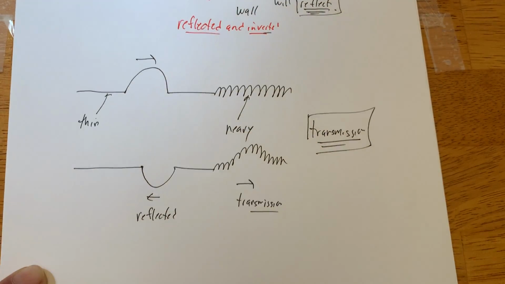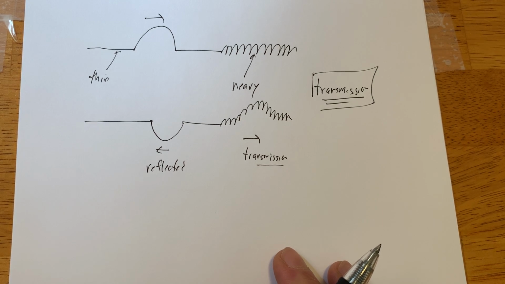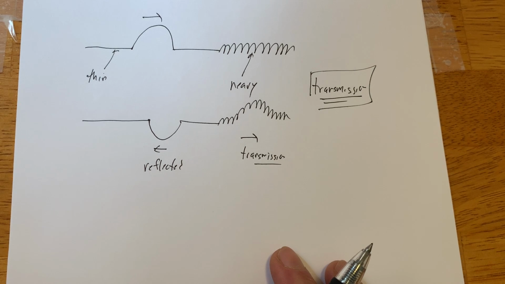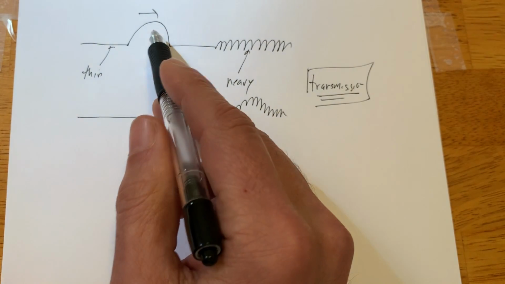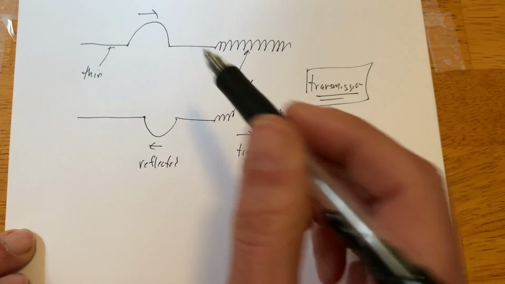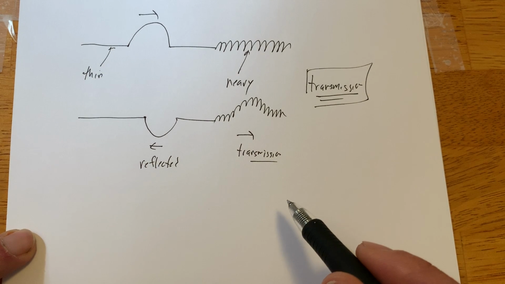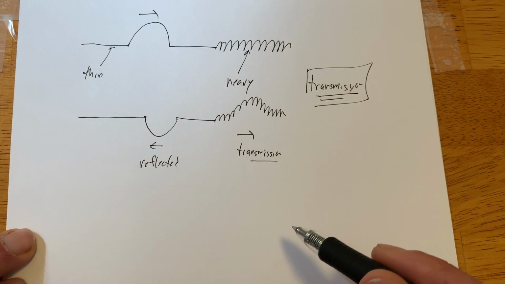Two, we get transmission. Well, what else happens? One more thing happens, and I guess it's just a little bit of friction here. We call it absorption. If I sent this pulse, and let's just say it was 1 meter, as it travels down the string, what's going to happen to the height, the amplitude, of the wave? As it goes on and on, the amplitude will get less and less. Why is that?